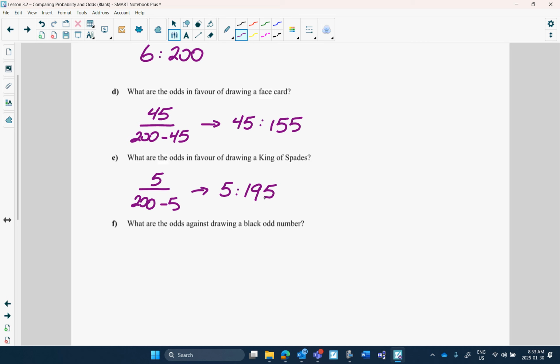And the odds against drawing a black card. Well, this time the 47 goes on the bottom. No. Yes, it does, sorry. So it'd be 200 minus 47.